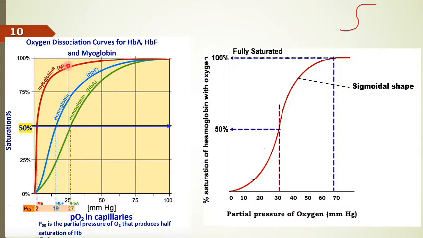The myoglobin will be saturated by 90%. This means that the myoglobin does not deliver oxygen to the tissue because it has very high oxygen affinity.